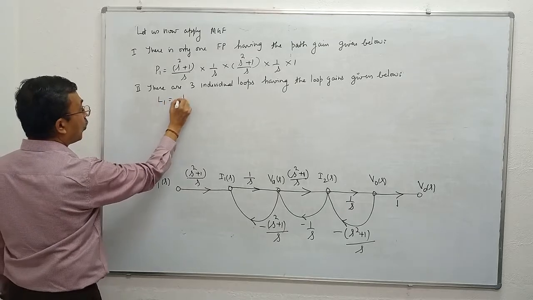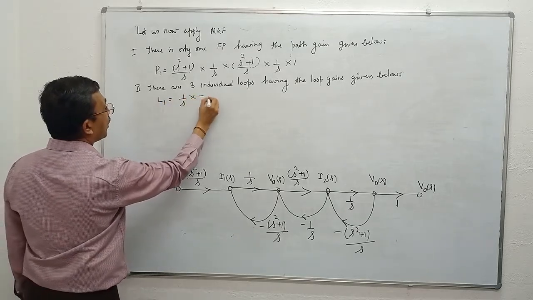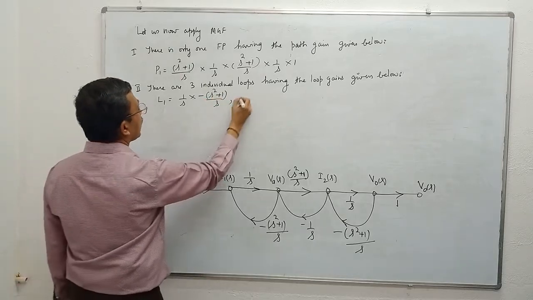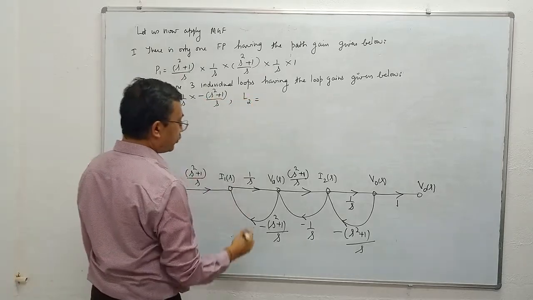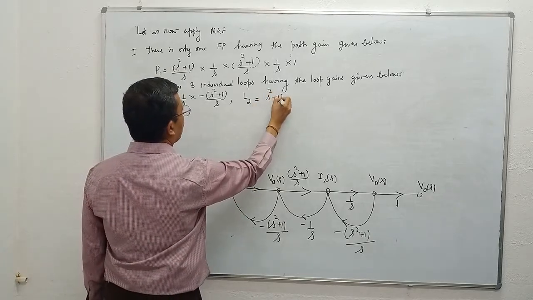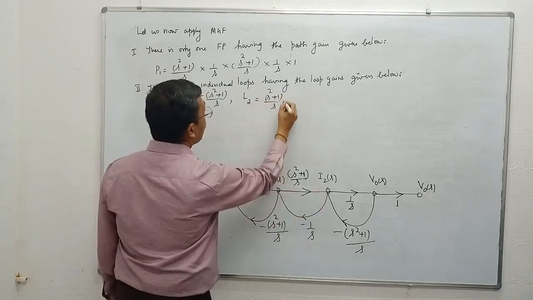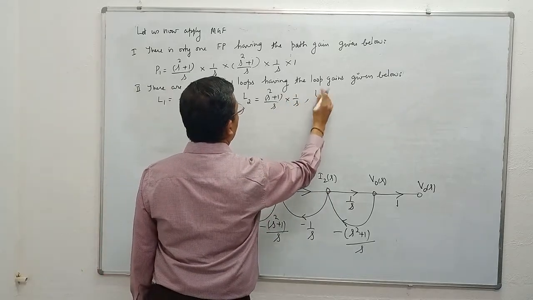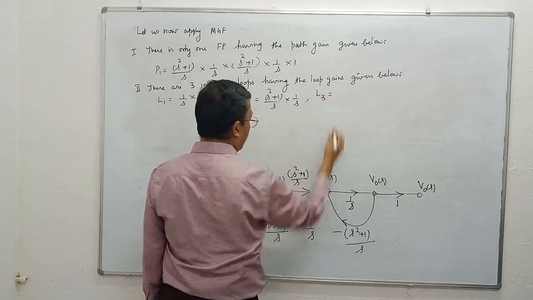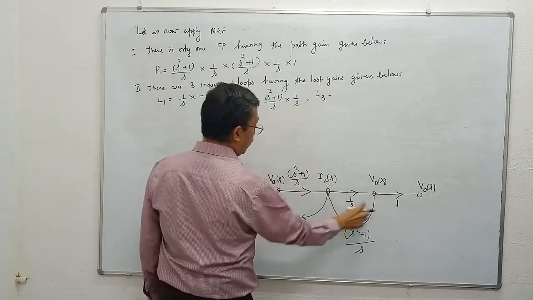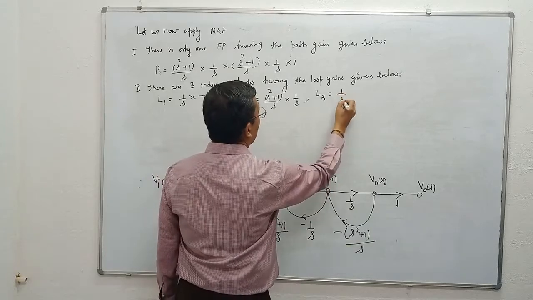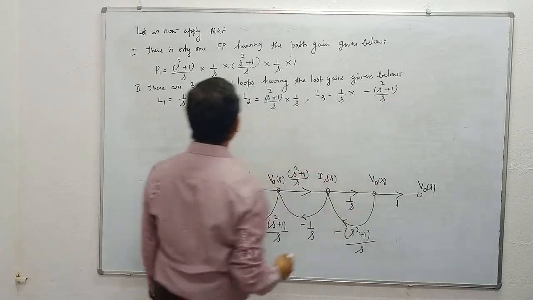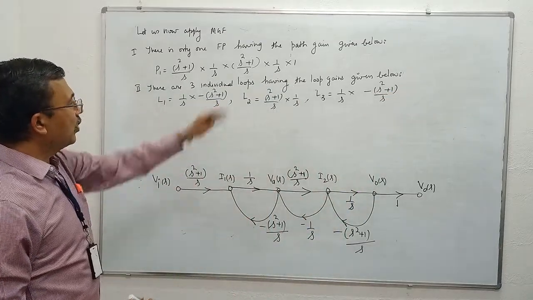L1 is equal to 1 by S into minus S square plus 1 divided by S. L2 is equal to S square plus 1 divided by S into minus 1 by S. L3 is equal to 1 by S into minus S square plus 1 divided by S. L1 equals L2 equals L3.